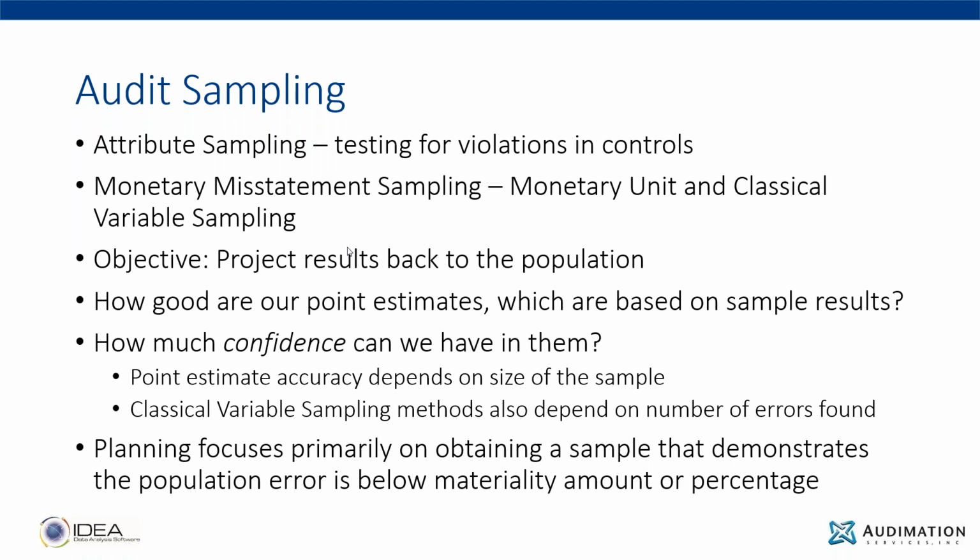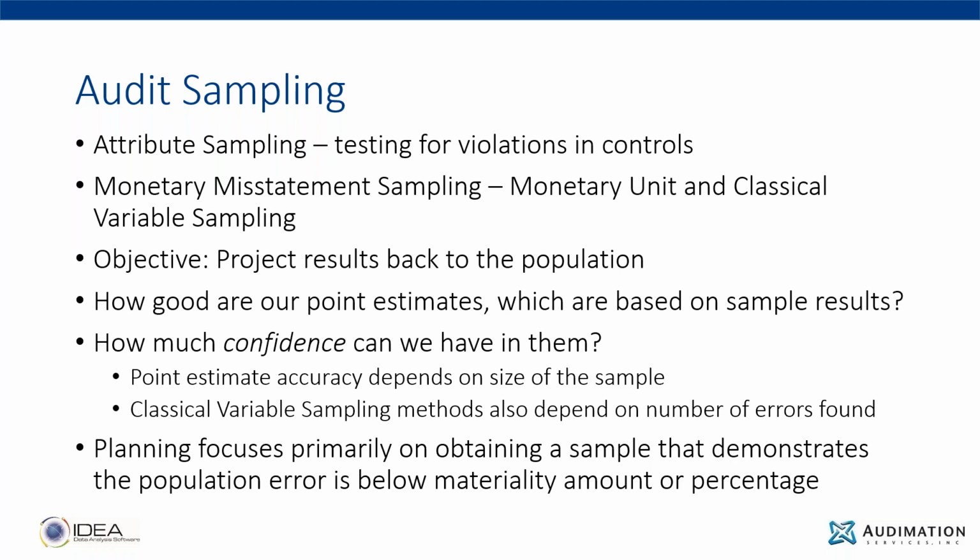And, well, as you can see with the initial Excel example, anyone can pick a sample and go and audit the sample to get results. But how good are our point estimates or results that we get? These are based on the sample results. So how much confidence can we have in these? The point estimate accuracy depends on the size of the sample.